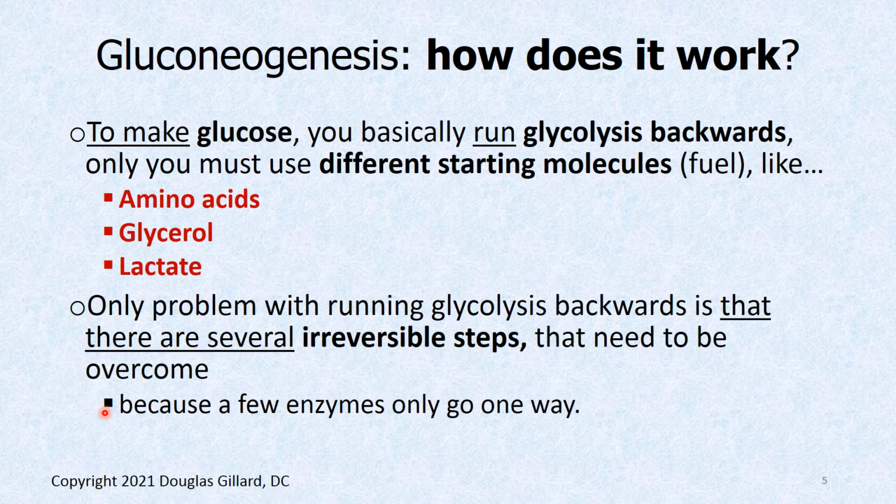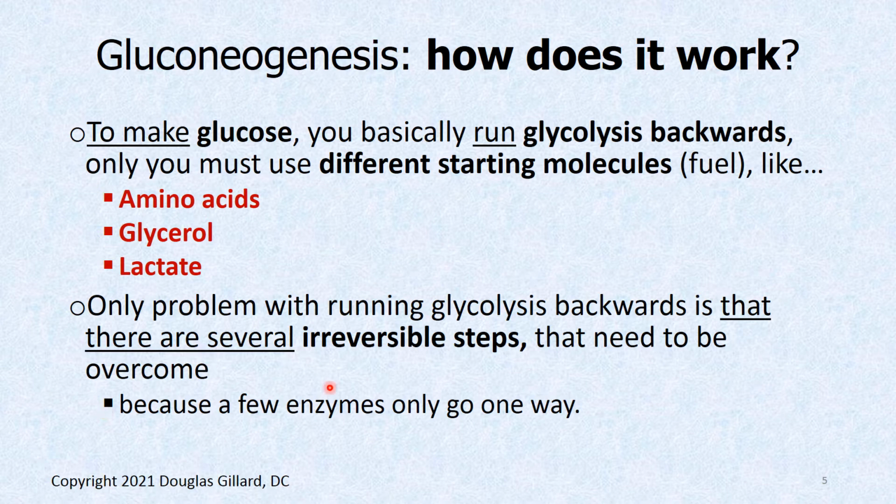You can't run backwards through them. In glycolysis, you start with glucose, right? You trap glucose in the cell by sticking a phosphate on it. So you can't start with glucose because we're trying to make glucose. So we have different starting molecules, which come from amino acids. Glycerol and lactate are the big ones again.